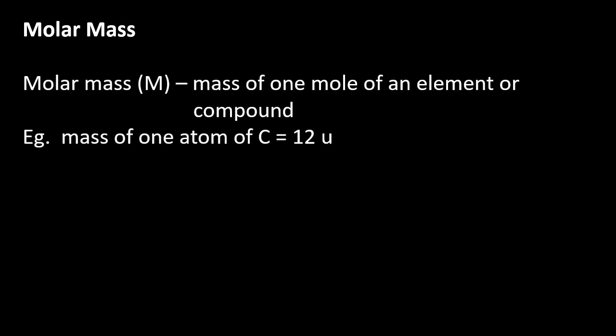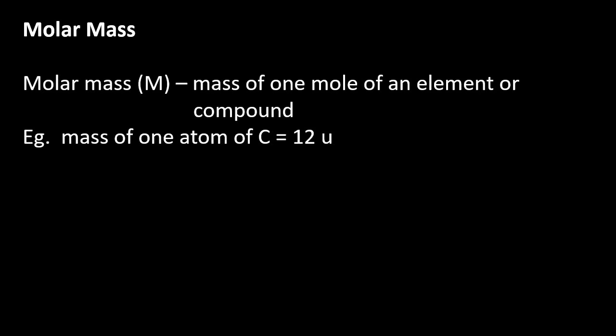And so the mass of 1 mole of an element or a compound is simply what we call the molar mass. An example: if I have an atom of copper, up till now we've looked at it as 12 u, 12 atomic mass units. Well, it turns out that the number we have on the periodic table, if you look under the legend, actually says molar mass instead of atomic mass.